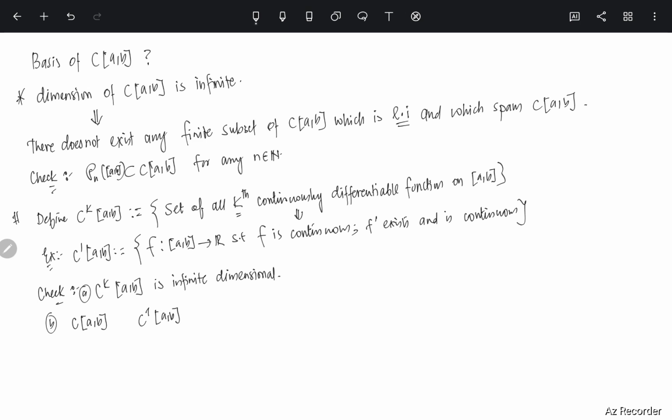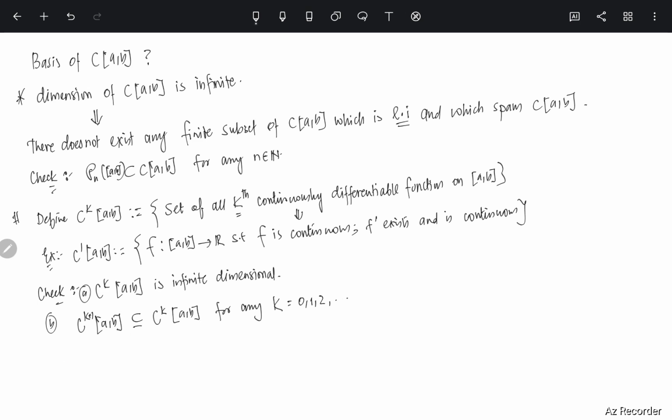If a function is once continuously differentiable, it means it is going to be continuous. So the continuous function space is actually bigger. So C^(k+1)[a,b] is contained in C^k[a,b] for any k equal to 0, 1, 2, and so on.